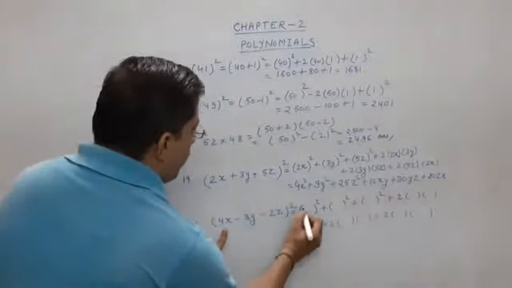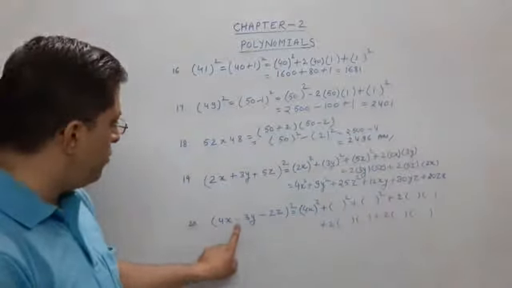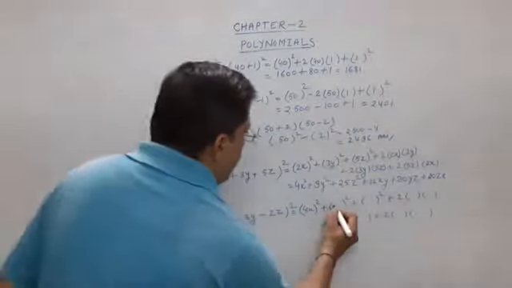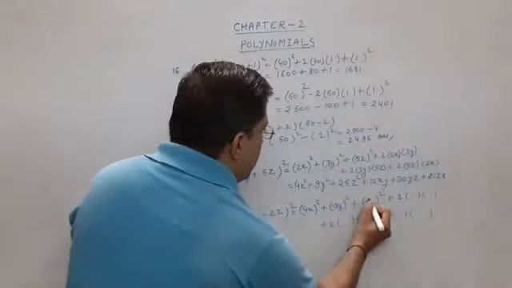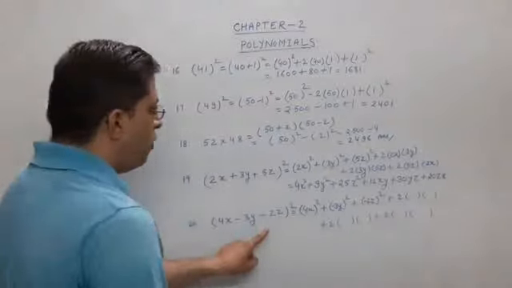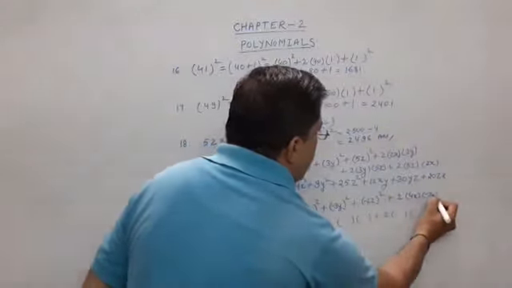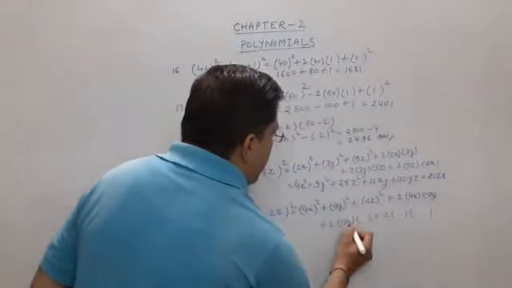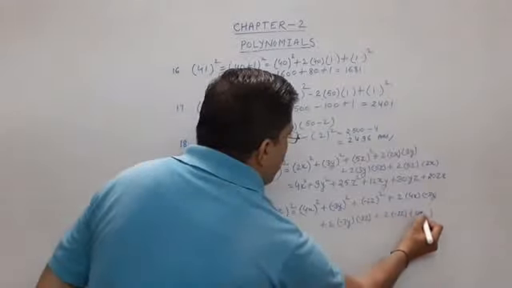A is here 4x. B is what? Minus 3y. I am writing here minus 3y. What is c? Minus 2z. 2ab means 4x times minus 3y, then minus 3y times minus 2z, minus 2z and then 4x.